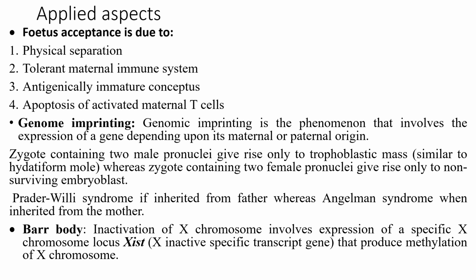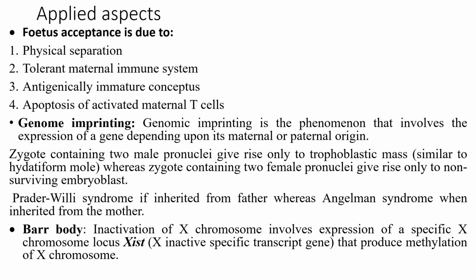Third, the conceptus is antigenically immature. Then the trophoblast from the fetal side will also produce tumor necrosis factors which will induce apoptosis in the activated T cells of the maternal side. So these are all factors due to which the fetus is accepted and there is no rejection of the fetus.